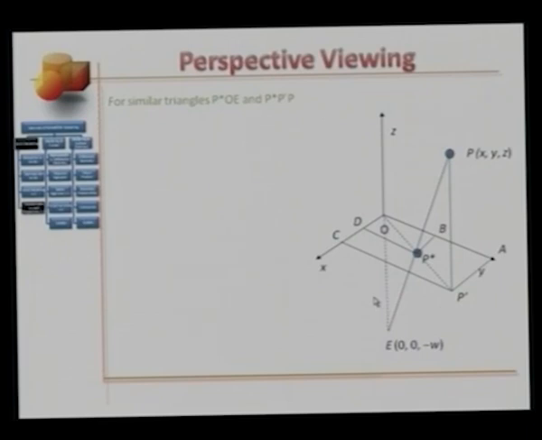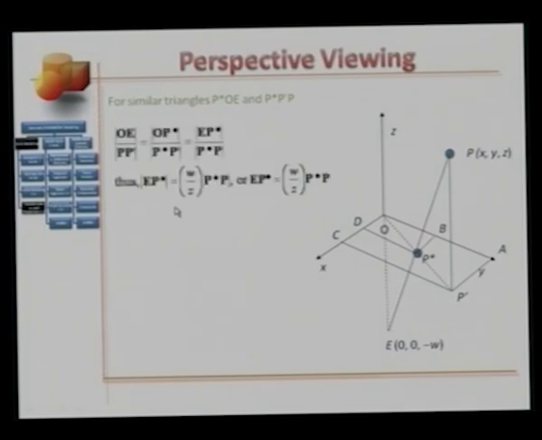Using this construction, we find the triangles P star, O, E and P star, P prime, P are similar triangles. Noting that, we see that the length ratios are equal.